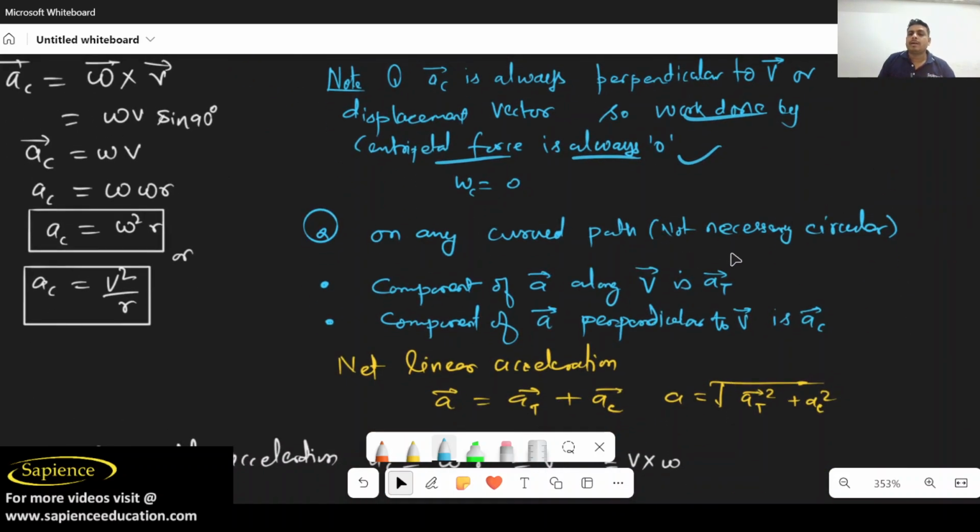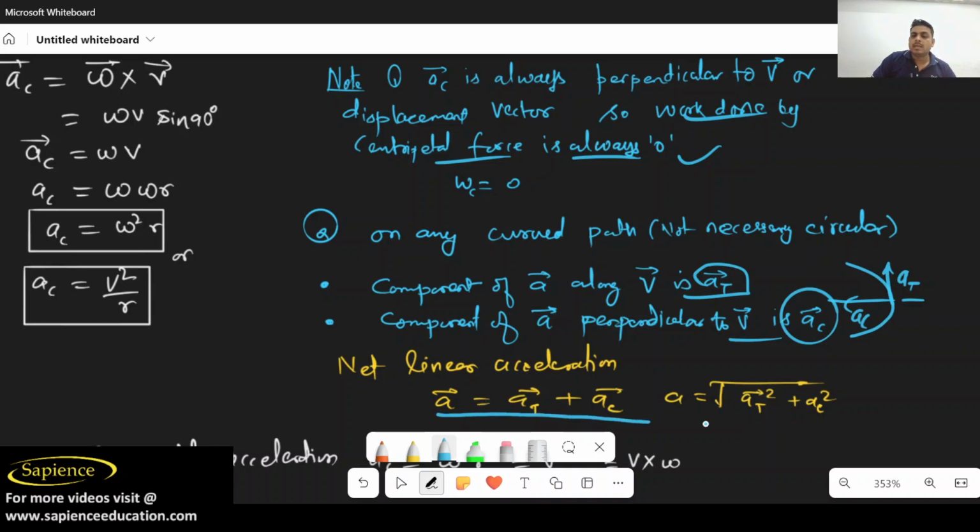On any curved path, not necessarily circular, the component of acceleration along v is tangential and perpendicular to v is known as centripetal. Net acceleration can be written as tangential acceleration plus centripetal acceleration.